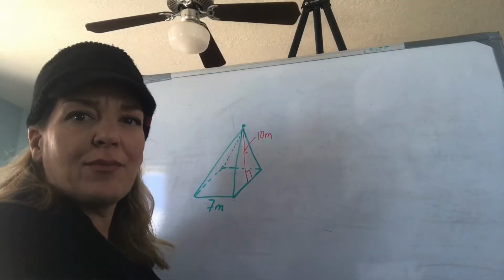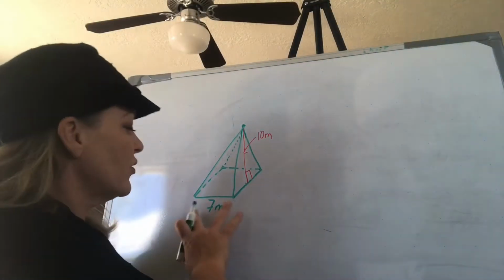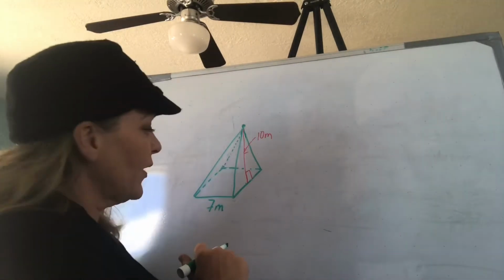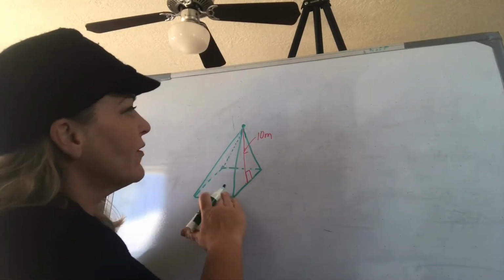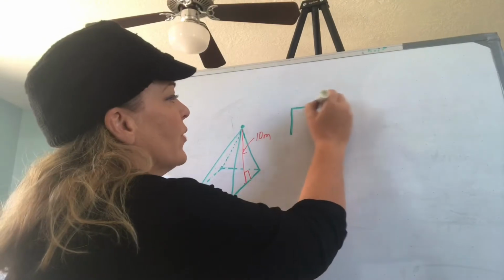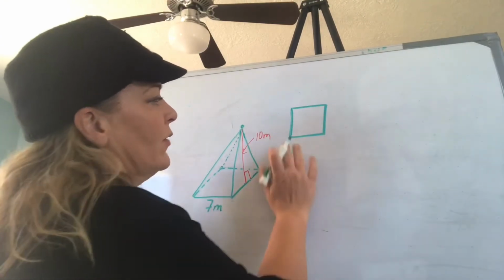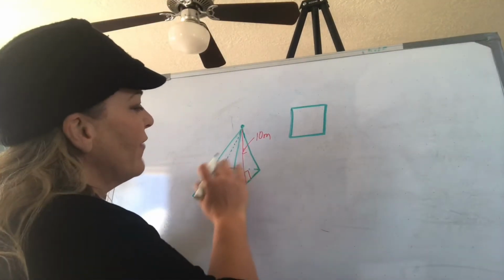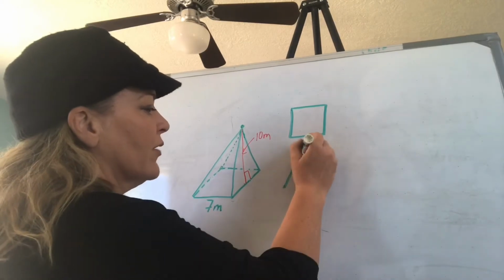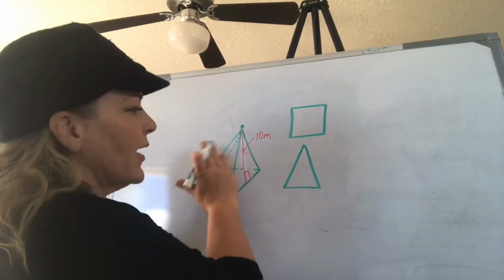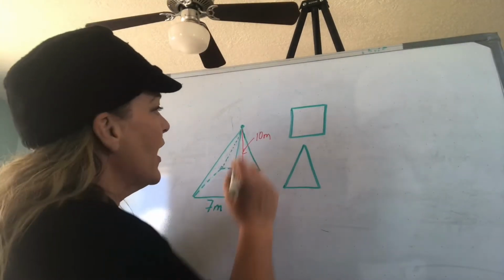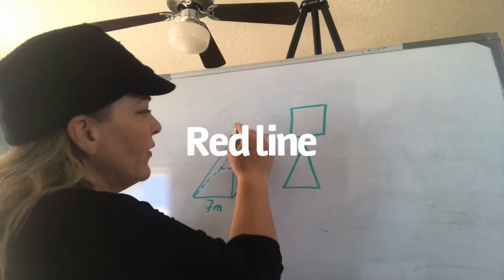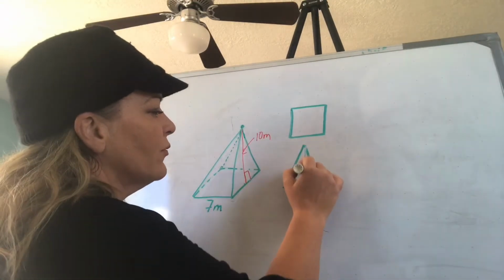Okay, the next example was find the surface area of this square pyramid. So on this one, we know that we have the very flat bottom, which is the square. That's the base. And then we have 4 sides, which are the triangles. So there's 4 congruent sides that make up the triangles. And this is telling us here that this is the altitude of the triangle, right?